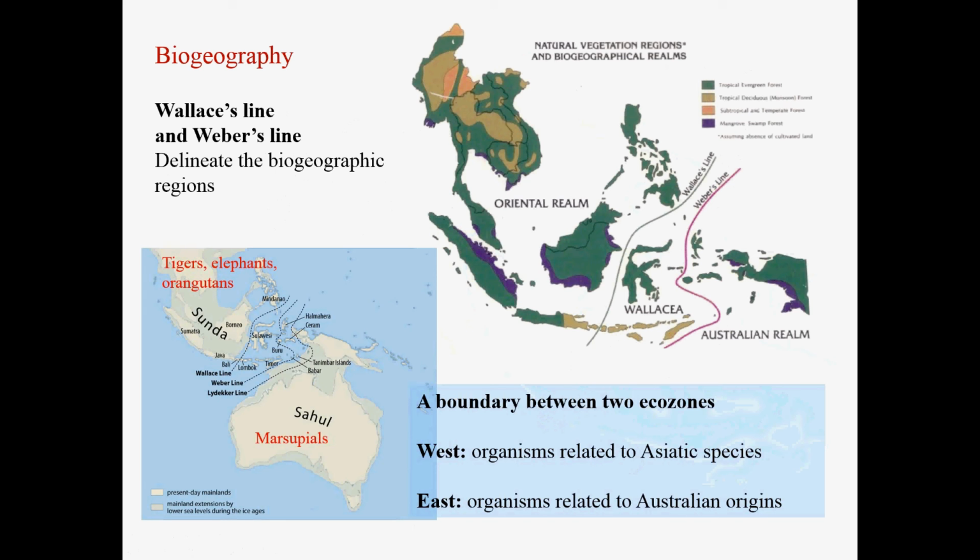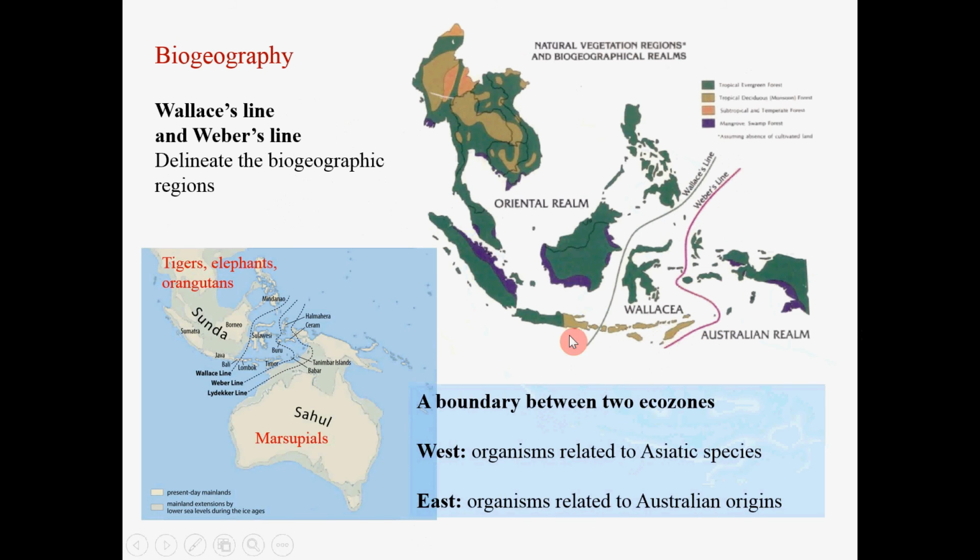To the west of this line, you have the assembly of organisms that closely relate to Asiatic species. To the east of this line, you have organisms that are closely associated with the Australia region.